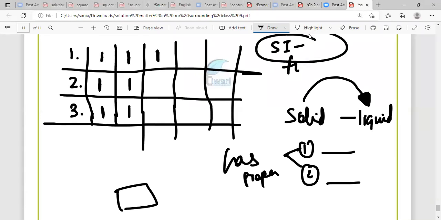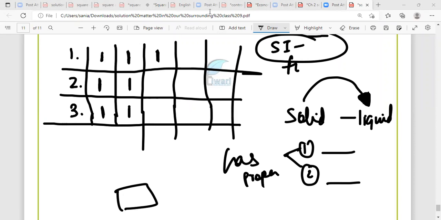I'm asking you SI unit. I'm repeating the options. Celsius, Kelvin, both A and B, or none of the above.